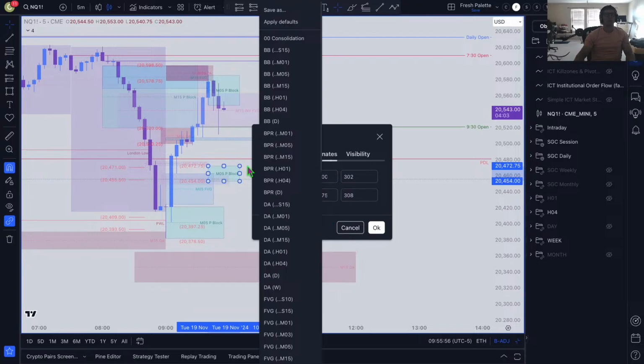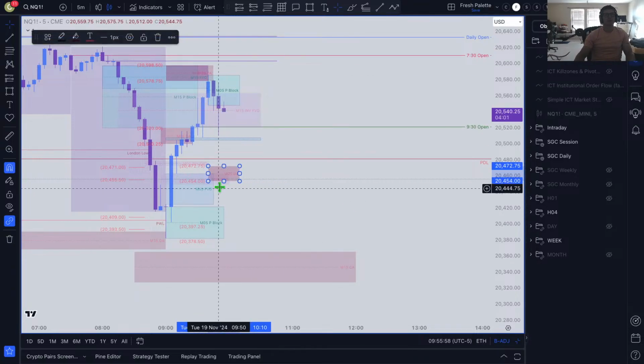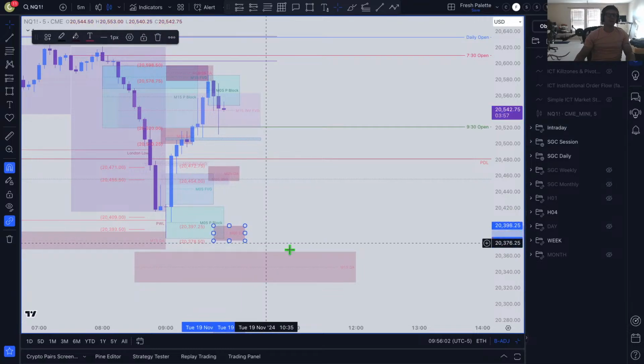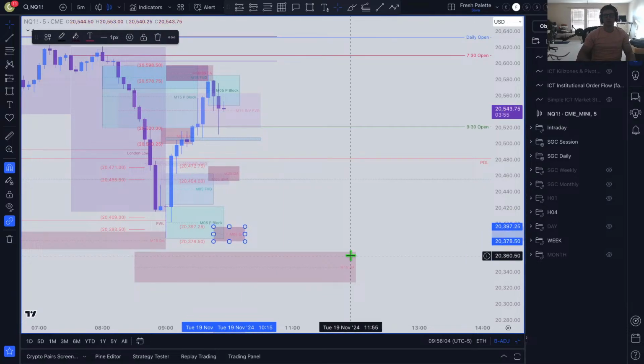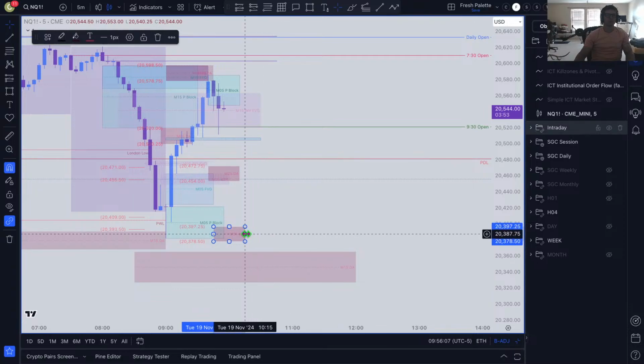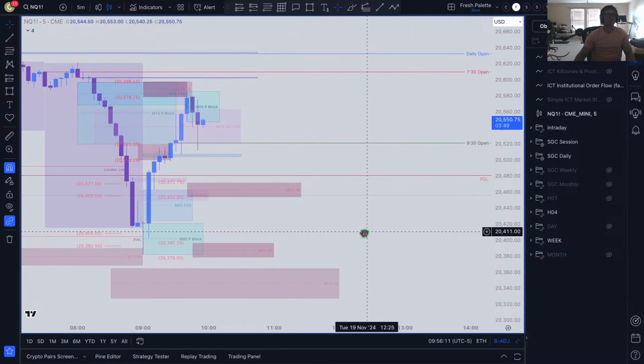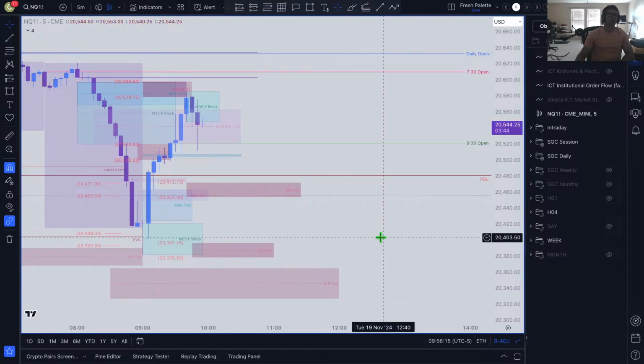I'll be darned. Got the right size. So that is a potential market objective, unconfirmed because we don't have impulse. Have not closed through opposing liquidity.